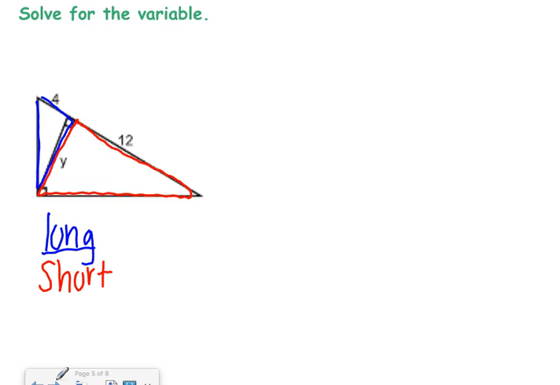So 12 over y. Now if I come back to my blue, what's my short leg on my blue triangle? 4. 4 is equal to, now what's my long leg? 12 over y.